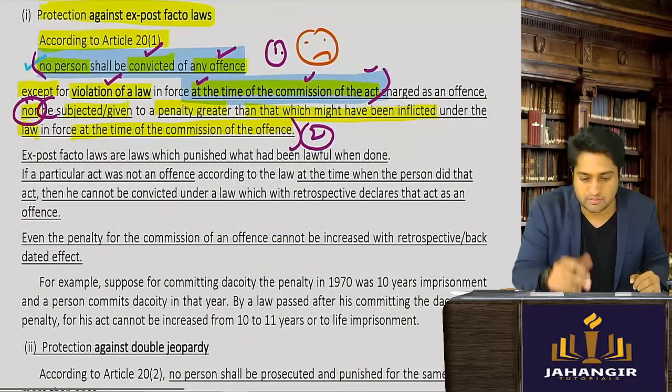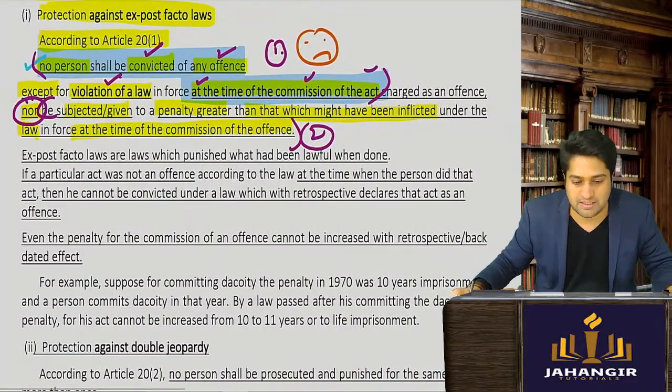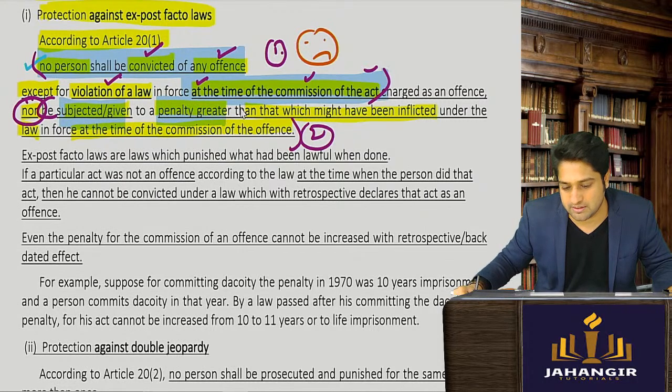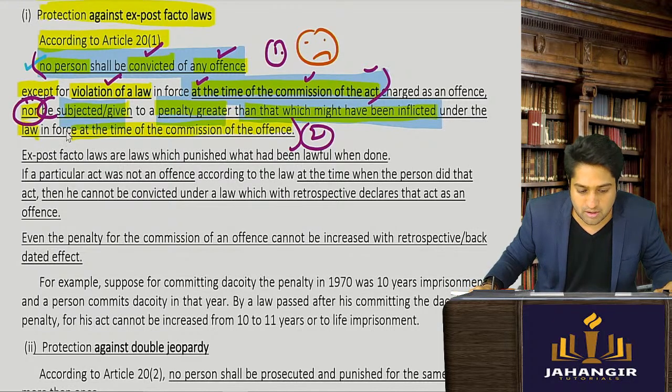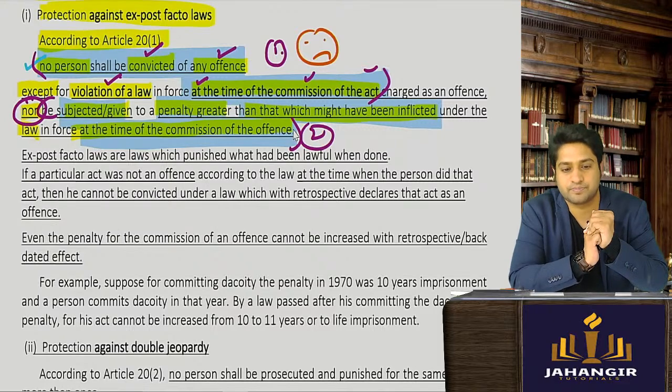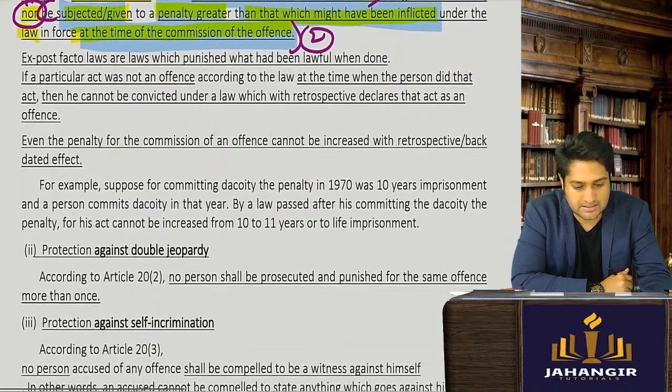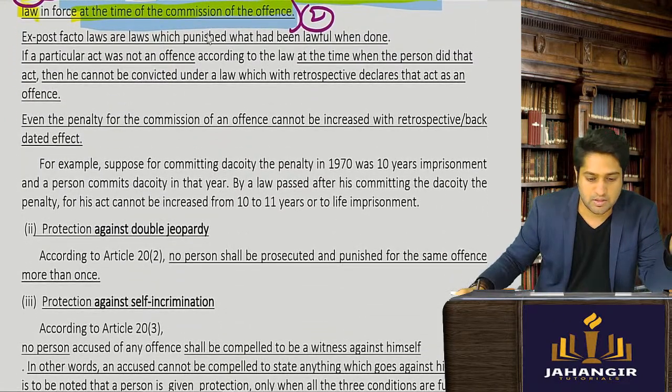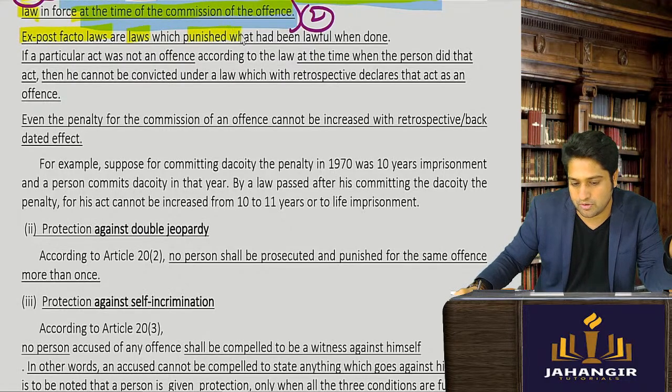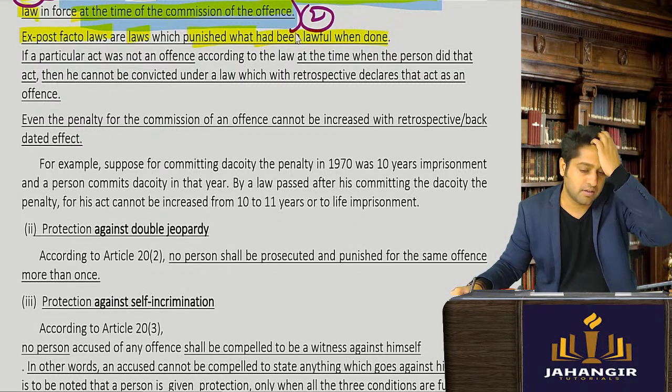Nor shall he be subjected to a penalty greater than that which might have been inflicted under the law in force at the time of commission of the offense. Clear? Next, ex post facto laws punish acts that were lawful when done.